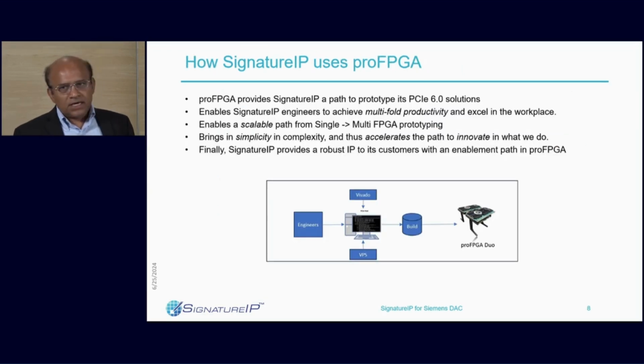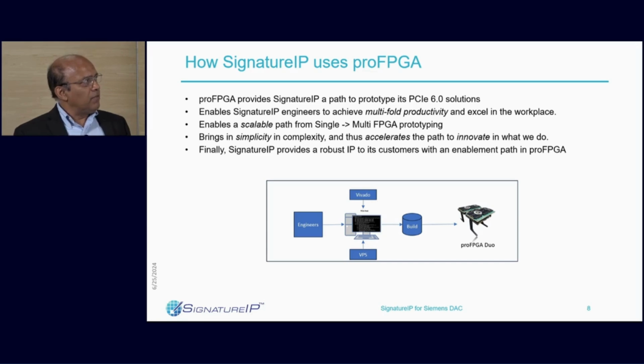So how is Signature IP leveraging the Pro FPGA platform? Pro FPGA provides Signature IP a path to prototype its PCIe 6.0 solution. PCIe 6.0 is a pretty complex system. If you want to build a subsystem using PCIe 6.0, it has to be scalable to all the needs of the SoC.